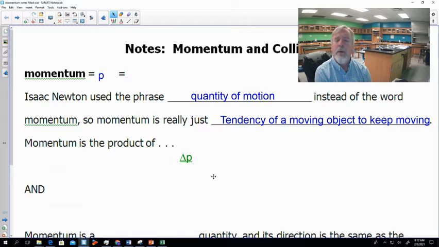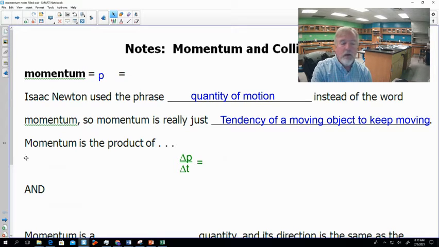And you say, well, how can we measure the amount of motion, its tendency to keep moving? Well, let's look at that quantity. We're going to call it delta P. And let's see how that changes over time. So delta P over delta T. How would that change over time? So we're trying to get a handle on what's that tendency of that object to keep moving, keep that momentum.